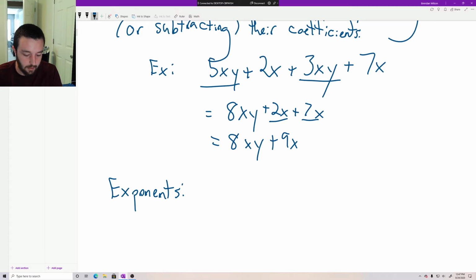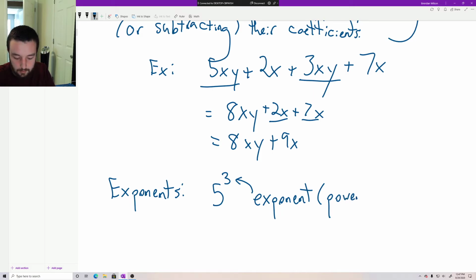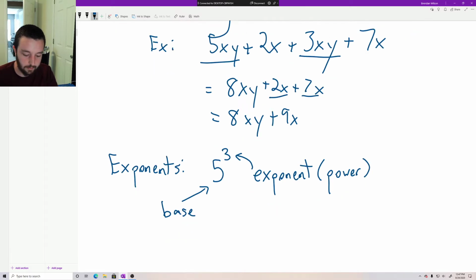Okay. So if we have 5 and we have a 3 written up here as a superscript, that 3 is called the exponent. Or sometimes it's referred to as a power. The 5 is referred to as the base.